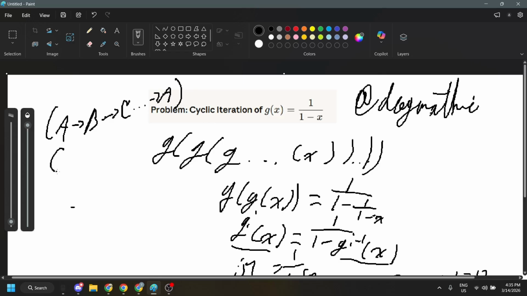Okay. So if we put 2 in, we get negative 1. Put negative 1 in, we get 1/2. When we put 1/2 in, we get 2. Let's see, is there anything else? We put 3 in, and we get minus 1/2.